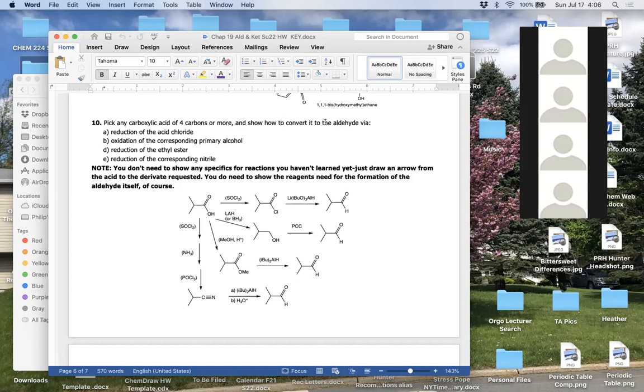To the aldehyde. If I had been more specific here, I might take some credit off, but the way I worded it, I'd give you full credit. Convert it to the corresponding aldehyde would mean the same number of carbons. And the way that you're interpreting is convert it to an aldehyde.